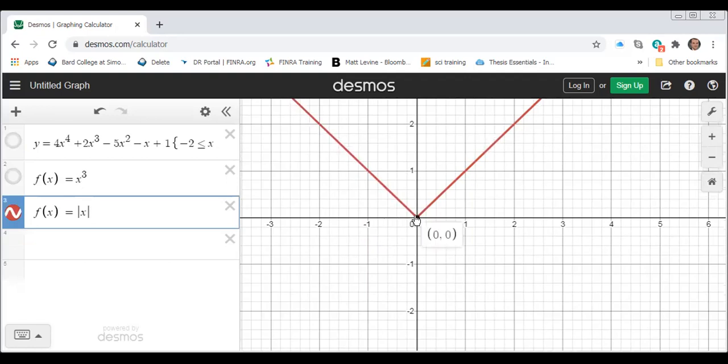X equals 0 is a critical point here because the derivative doesn't exist. And it also happens to be a minimum.